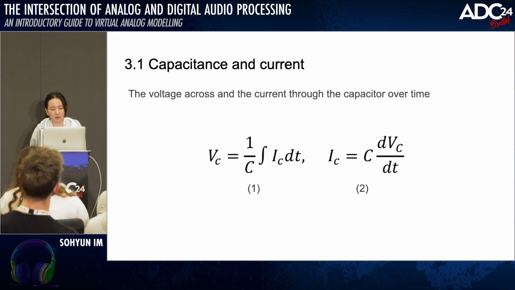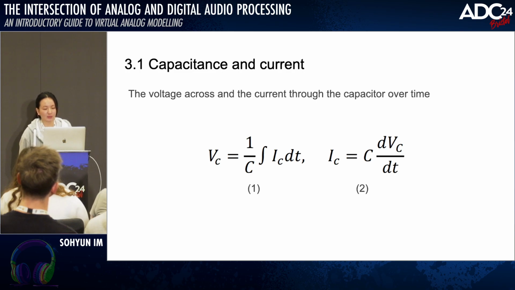And equation 2 means the current through the capacitor is equal to the rate of change of the voltage multiplied by the capacitance. As you see, these two formulas are actually the same one, just expressed with respect to voltage or with respect to current.